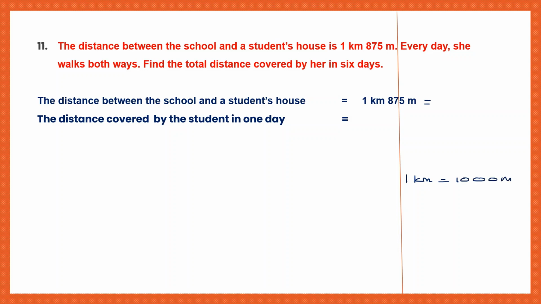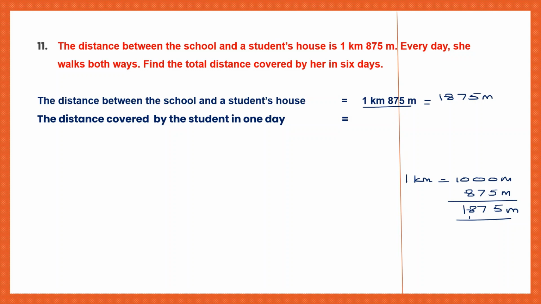And here we've got 1 kilometer and 875 meters. So 1 kilometer is already 1000 meters, 875 meters. We just have to add it up to this and get our answer. So that is 5, 7, 8 and 1, 1875 meters. So 1875 meters is the distance between the school and the student's house.